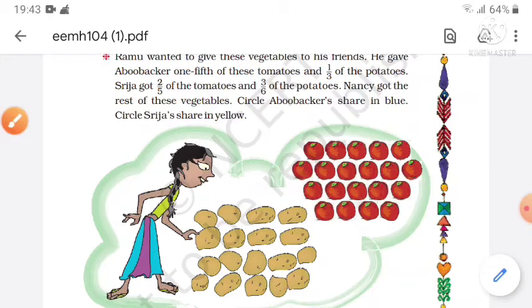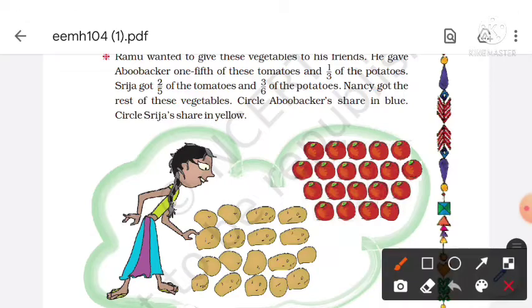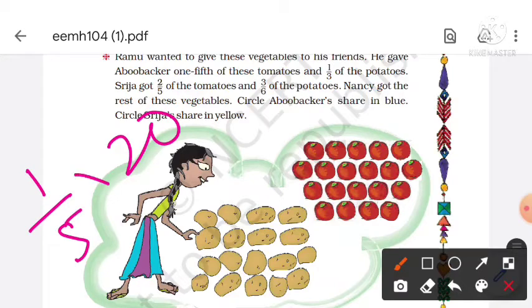Now we are trying to find out first the number of potatoes and tomatoes Abu Bakr got. Abu Bakr got 1/5 of the tomatoes. The total number of tomatoes is 20 and Abu Bakr got 1/5 into 20.